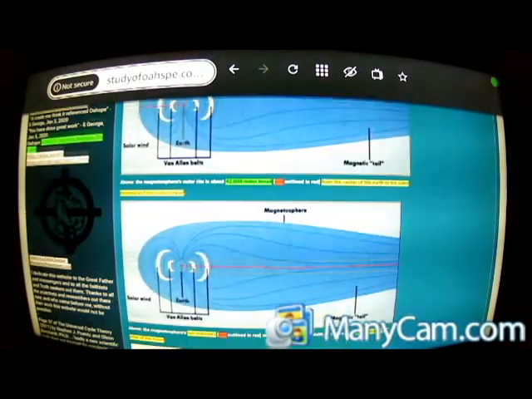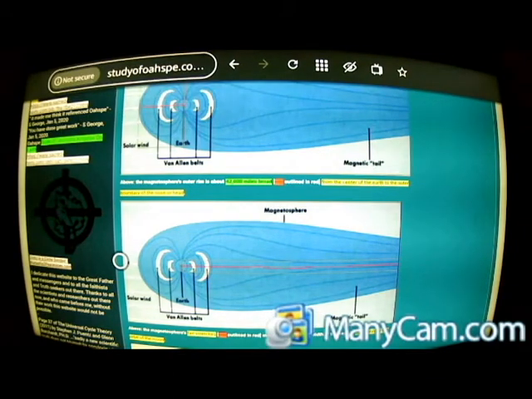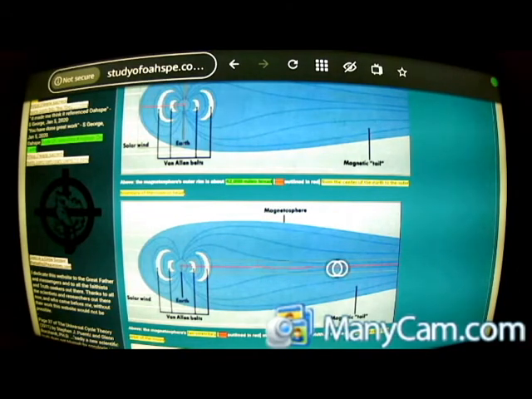Now Oahspe says that the vortex is somewhat beyond the moon. It says the outer extremity of which is somewhat beyond the moon. So that outer extremity that it's talking about is right there, going from the center out to the end of the tail.